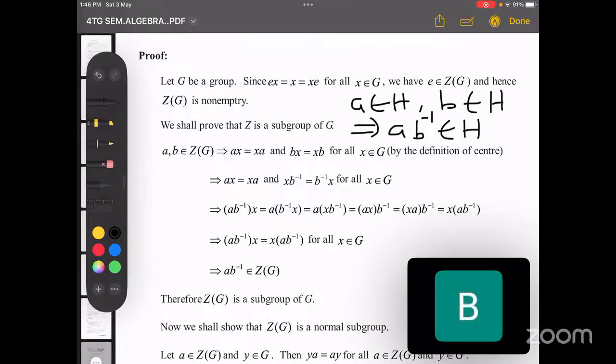With the help of this, we prove that Z(G) is a subgroup of G. Then we show that it is a normal subgroup.